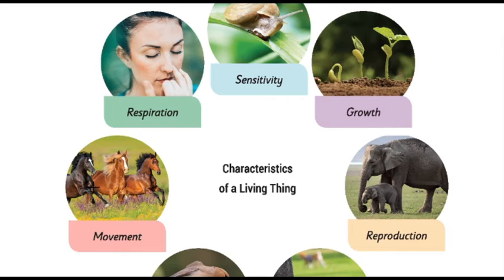But if I keep a baby here, it will move. Even a baby can move. If I want to go there, I will move. If I keep a dog here, will it stay here for years? No, it will start moving. It is an important character of living things.